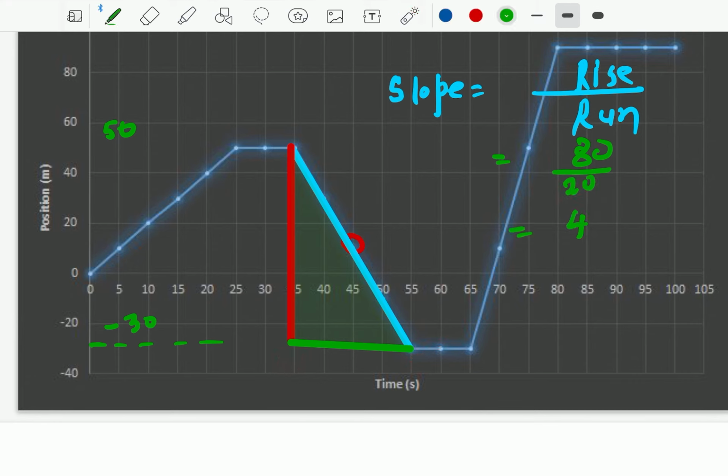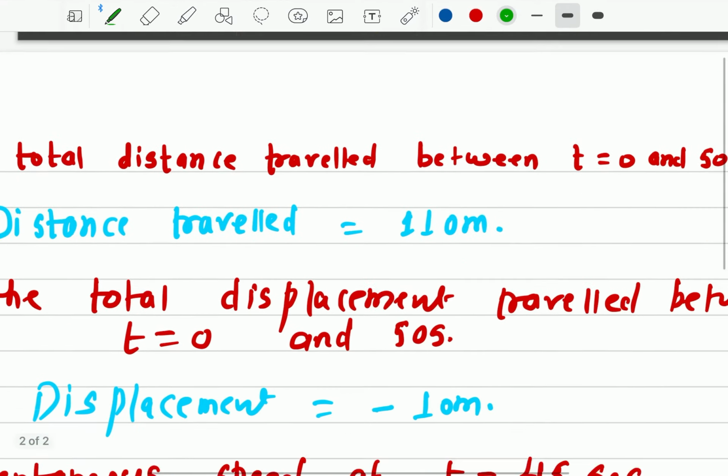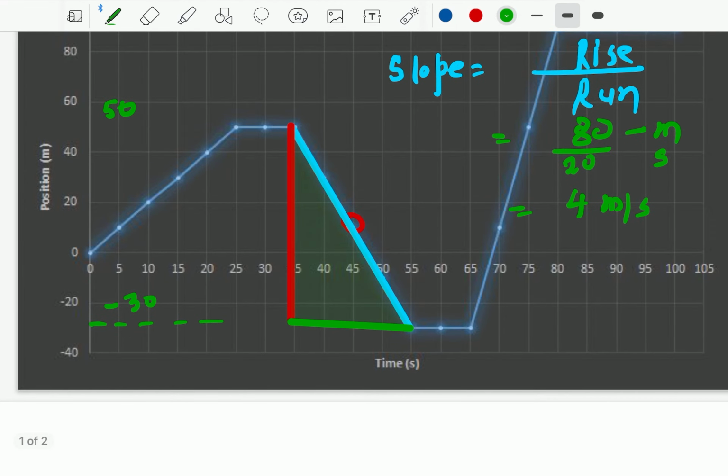So here it is 4. What does this mean? The 80 here is this length, that is in meters, and on the x-axis this is in seconds. So my speed would be 4 meters per second. That is my speed at this point, and this is the instantaneous speed.